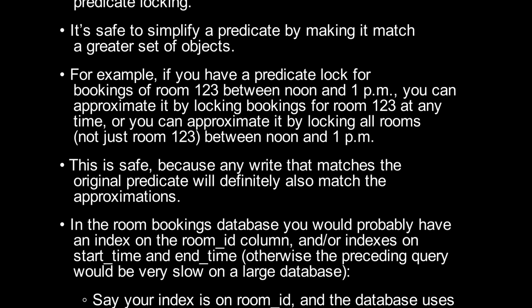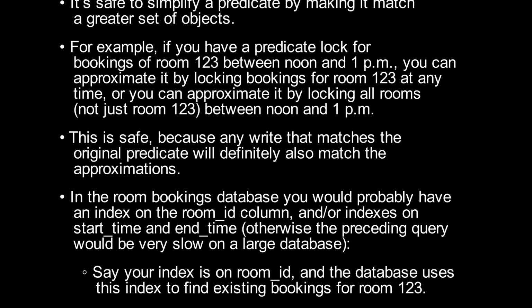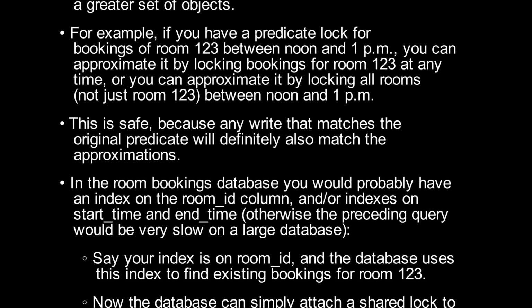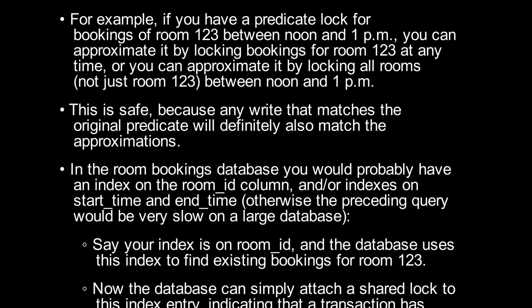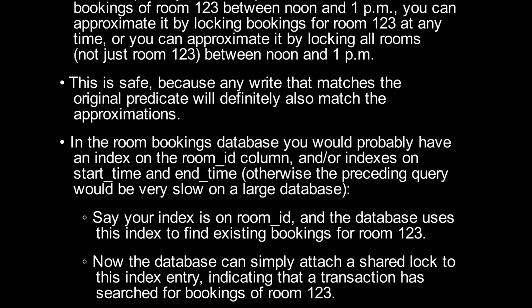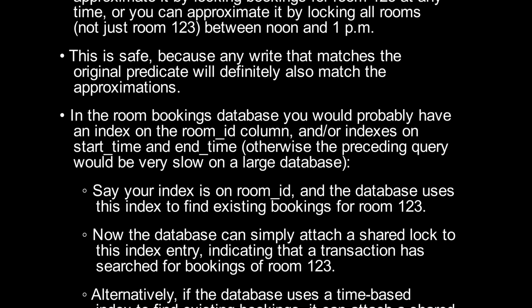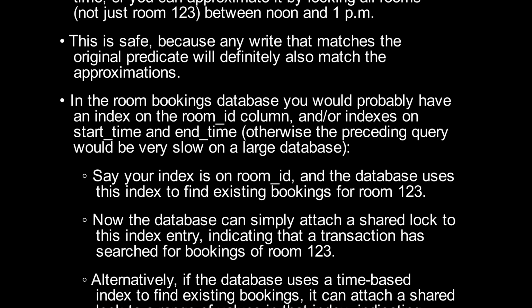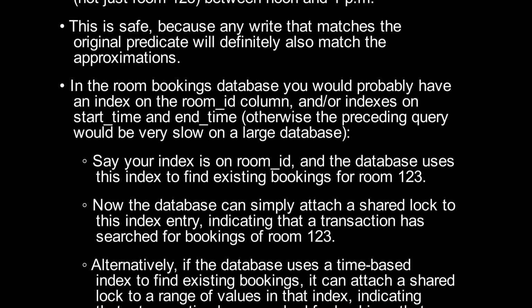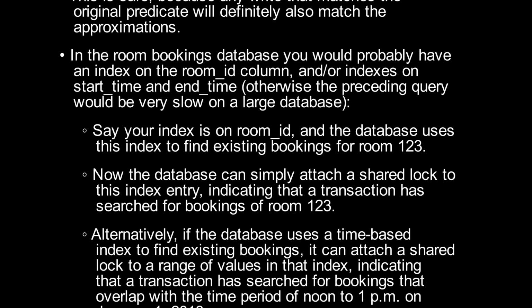In the room bookings database, you would probably have an index on the room ID column, and/or indexes on start time and end time; otherwise the preceding query would be very slow on a large database. Say your index is on room ID, and the database uses this index to find existing bookings for room 123. Now the database can simply attach a shared lock to this index entry, indicating that a transaction has searched for bookings of room 123.